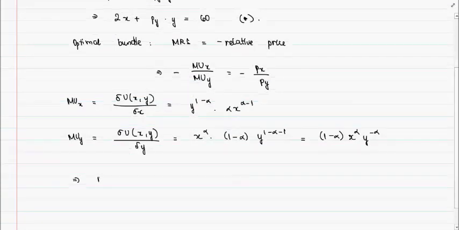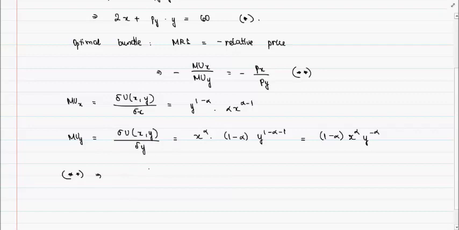So therefore my marginal rate of substitution is going to be, if I substitute that into my equation over here, which I'll call double star. The double star equation will become negative on both sides, and the negative signs cancel out, so I will not write them down again.